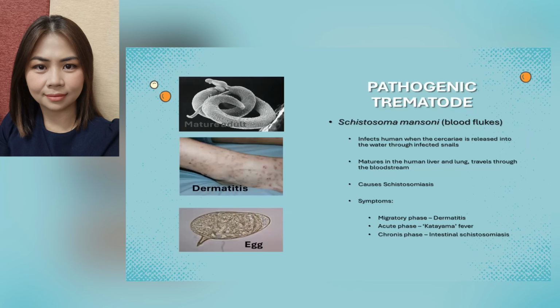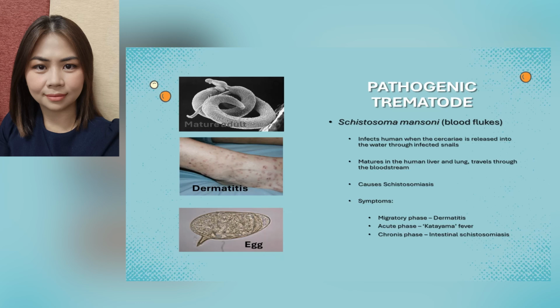Another organism, pathogenic trematode: Schistosoma mansoni, blood fluke. It infects humans when cercariae are released into the water through infected snails. They mature in the human liver and lung, traveling through the bloodstream.